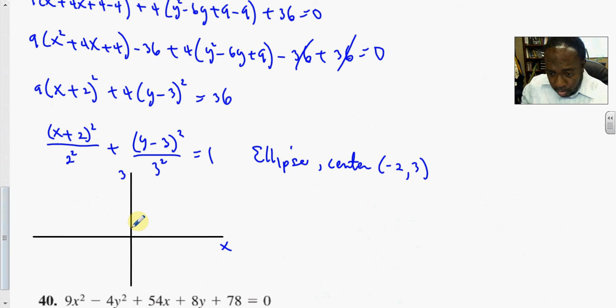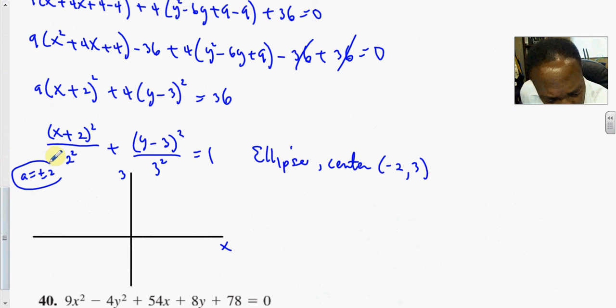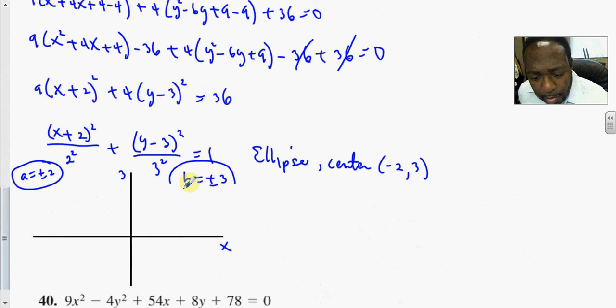So what we do here is we find the center. Oh, by the way, a is ±2, and b is ±3.